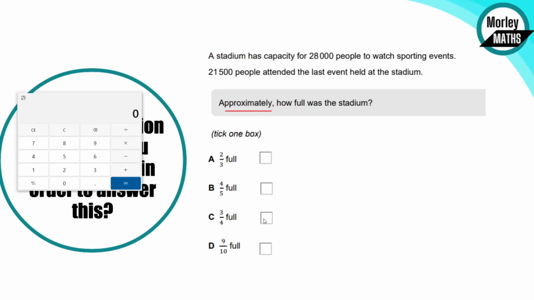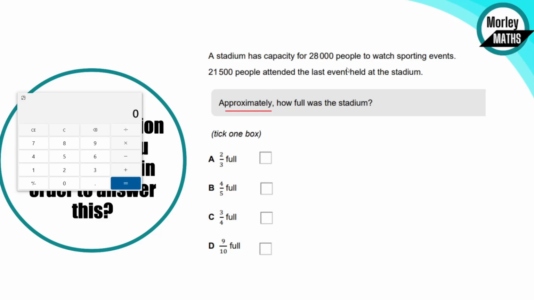But we'll still need to figure out what these would be in order to answer this question. It says a stadium has a capacity for 28,000 people to watch sporting events. 21,500 people attended the event held at the stadium. Approximately how full was the stadium? So is it A, B, C or D? Have a little go at this question and then unpause your video to see the answer.